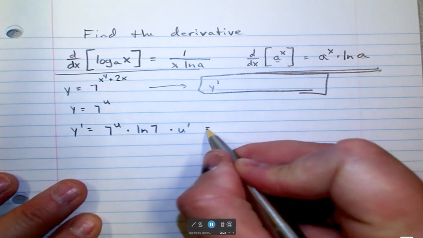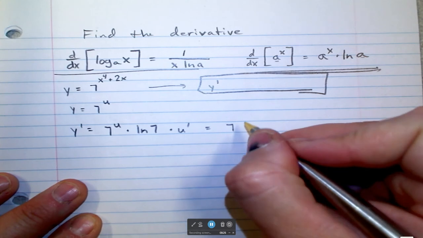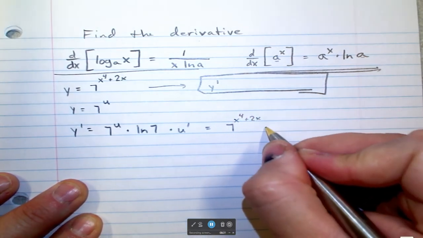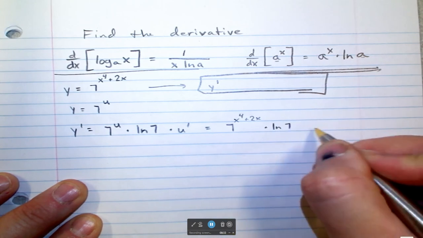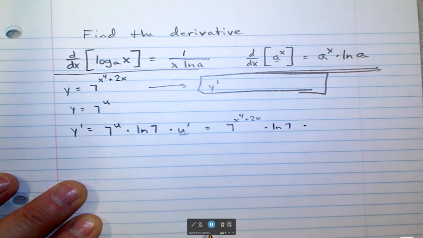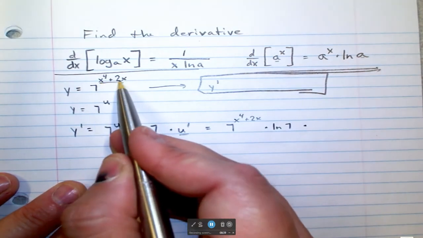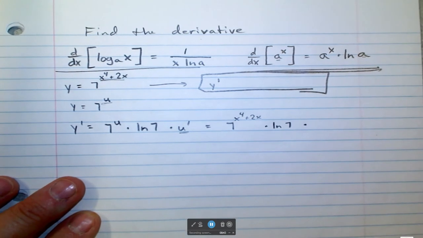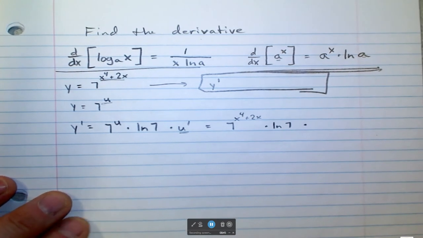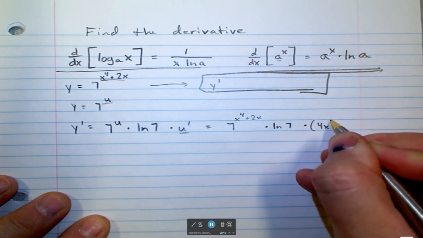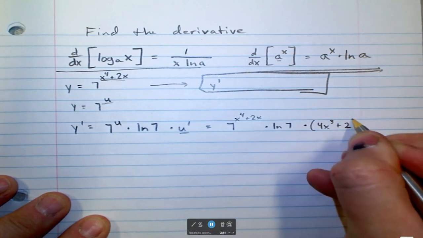Okay, so that's going to be 7 to the x to the 4th plus 2x times the natural log of 7 times u prime. What is u prime? u prime is the derivative of this guy that you substituted with a u, which is going to be 4x cubed plus 2. So that's going to be 4x cubed plus 2.